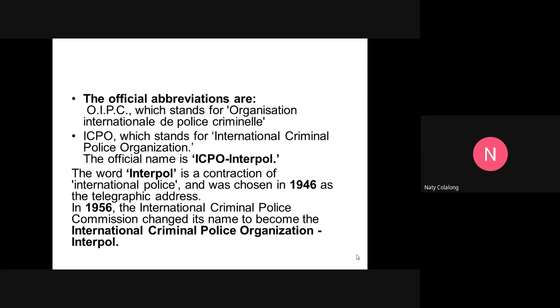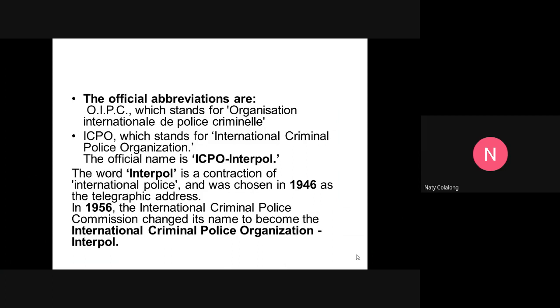The official abbreviations of the organization, we have the OIPC, which stands for Organisation Internationale de Police Criminelle, and we have the ICPO, which stands for International Criminal Police Organization. The official name is ICPO Interpol.